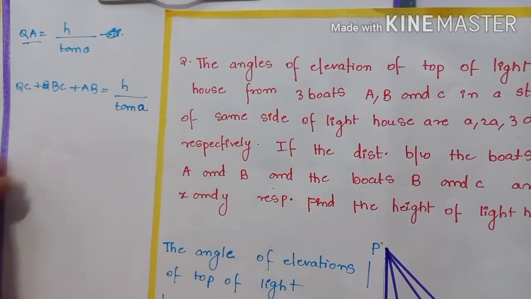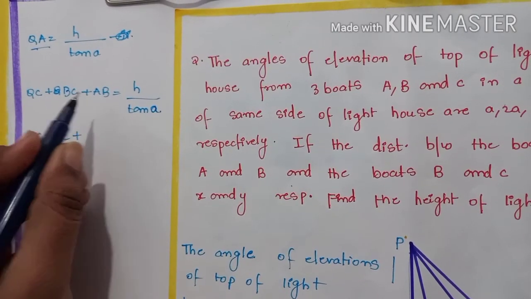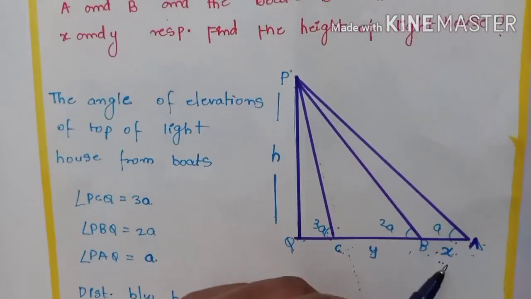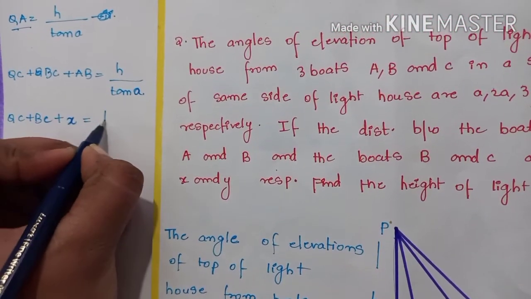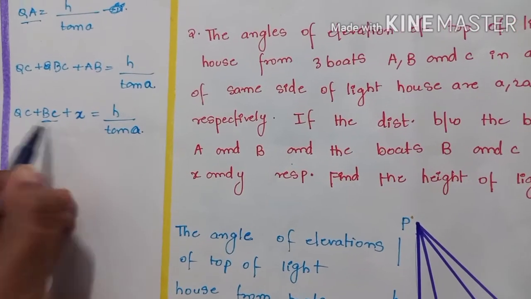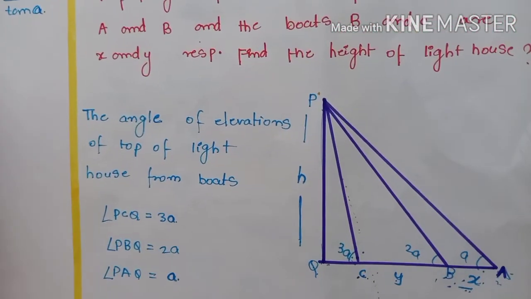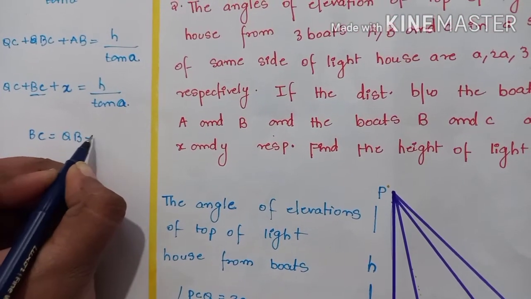Now from the question we know that the AB value is x, the distance between the two boats was x. So taking AB as x, QC plus BC plus x is equal to h by tan A. Now we know that BC can be written as QB minus QC.